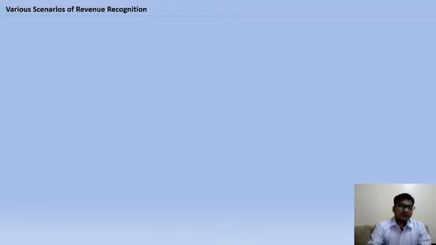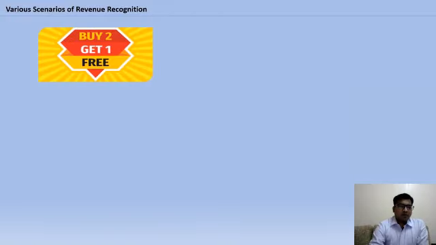Let's discuss the various scenarios involved in revenue recognition. First, buy 2 get 1 free. When a customer is offered to buy 2 shirts of 20 each and get 1 shirt of 20 free, then from a customer perspective, if you ask the customer what is the cost of each shirt, he will say that I paid $40 for 3 shirts.